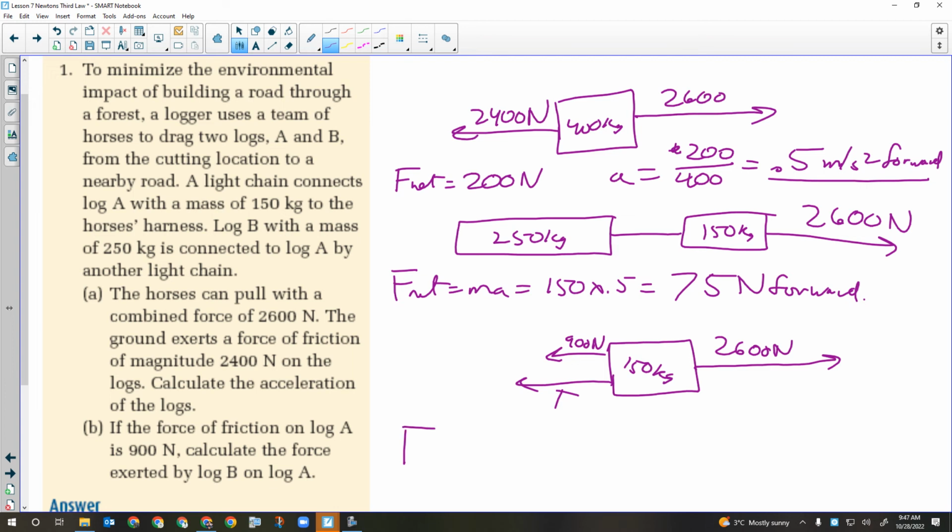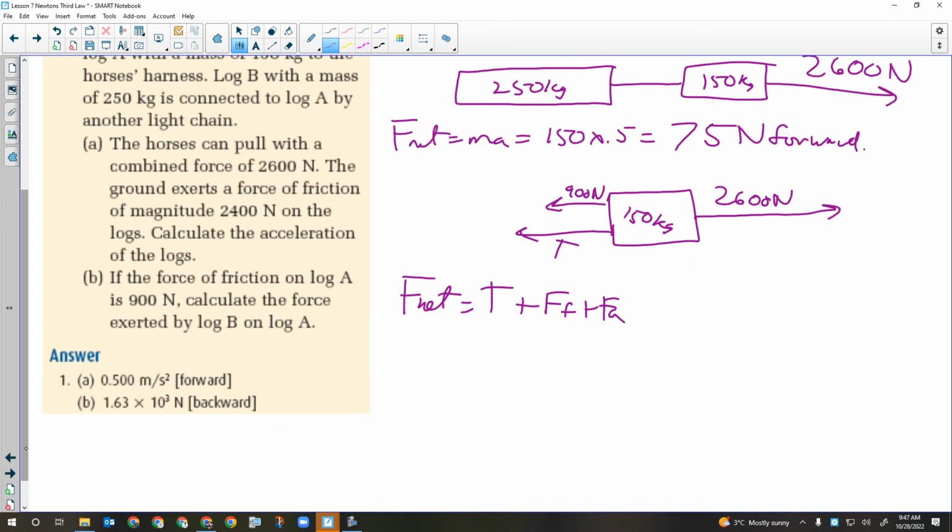I just have to say that Fnet equals that tension plus the force of friction plus the applied force from the horses, and then just isolate T. So that'll be Fnet, which I calculated to be 75, minus negative 900, because friction is backwards, minus the applied force of the horses, 2,600 newtons.